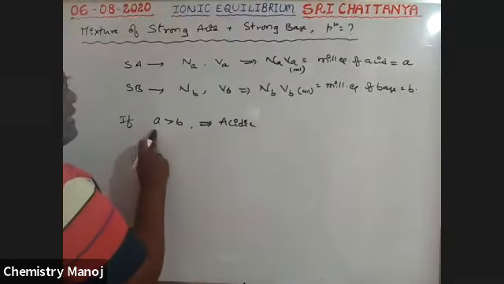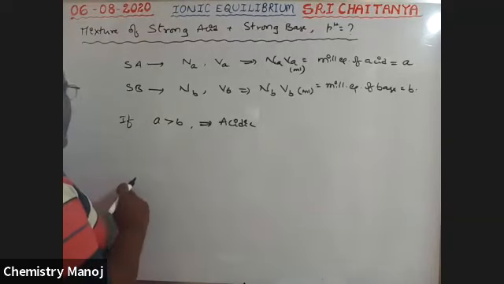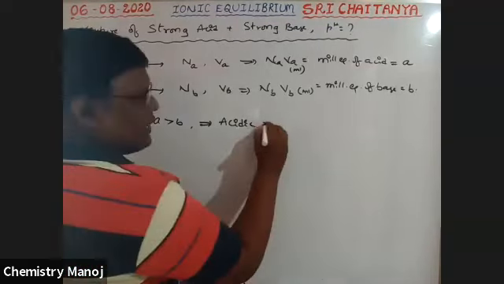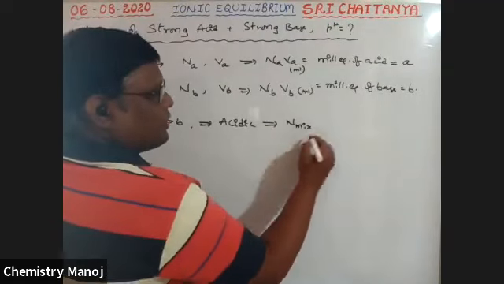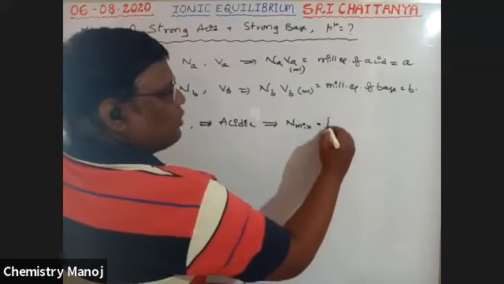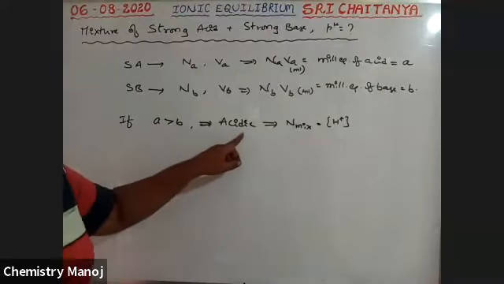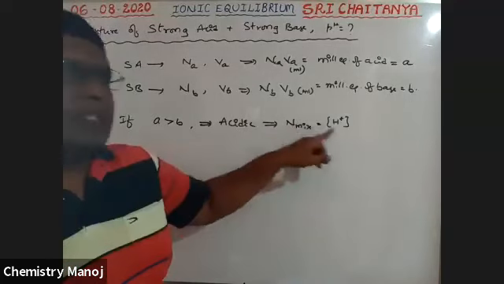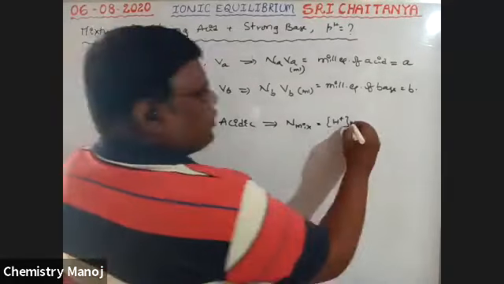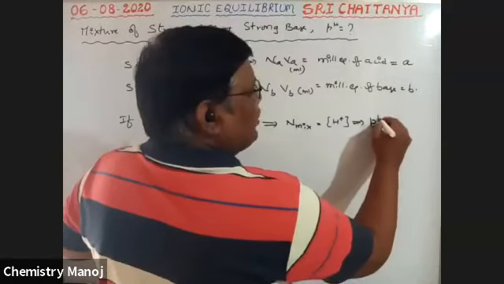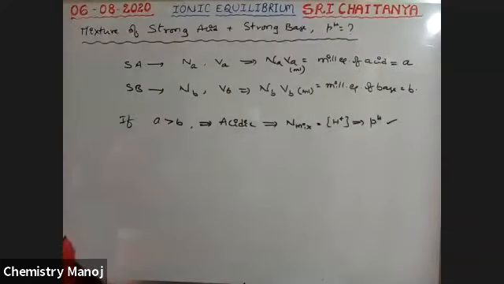Because acid milli equivalents are greater than base milli equivalents, the solution is acidic. If the solution is acidic, the normality mixed, you should calculate, is equal to concentration of H plus ion. From this H plus, you should directly calculate pH of the solution.